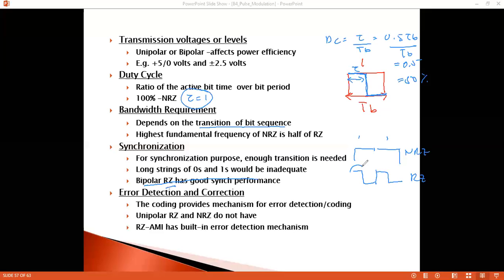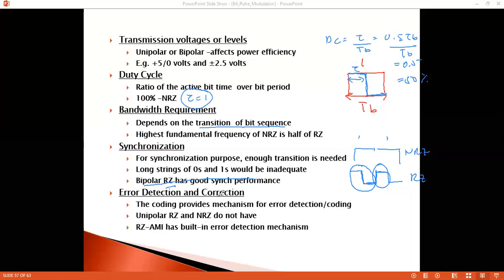So we know that even though it's consecutive 1s, two bit 1s, this one will return to 0. When we have this return to 0, the next one belongs to another bit. So we should be able to distinguish better compared to NRZ.